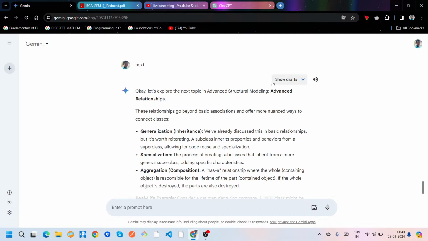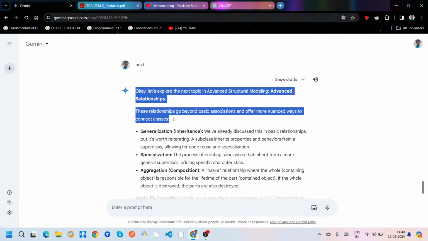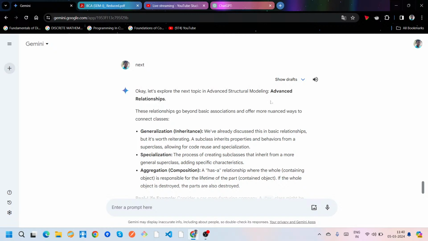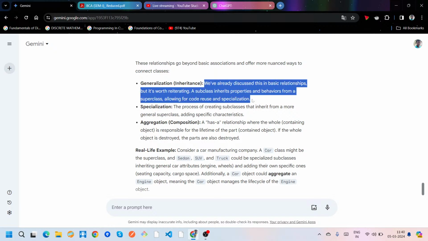The next topic is advanced relationships. These relationships go beyond basic associations and offer more nuanced ways to connect classes. First of all, generalization means inheritance. We have already discussed this in basic relationships, but it's worth returning to.